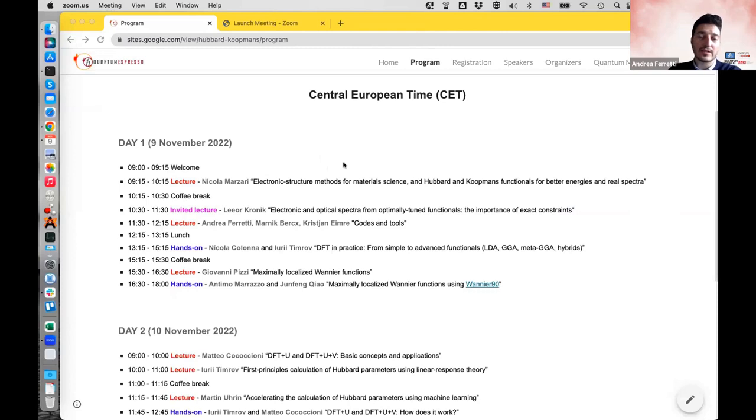And we are now getting to the first hands-on session of this tutorial. Here is the program of the day. After this morning's lectures, now we'll have a hands-on led by Nicola Colonna from PSI and Iurii Timrov from EPFL, DFT in practice, from simple to advanced functionals, just to set the stage.